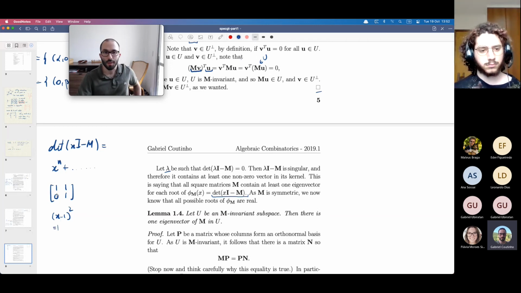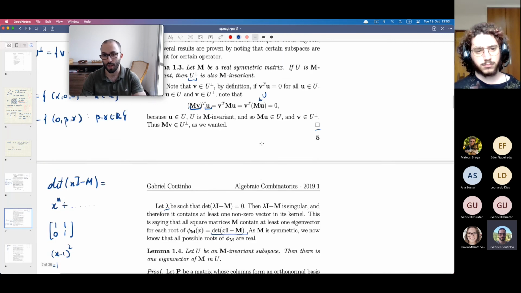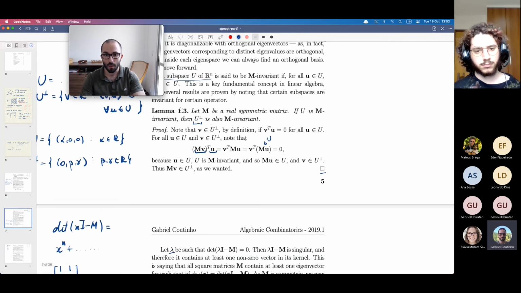Of course, this matrix is not symmetric, but this is, so there's still something to be done. I still need to show that the algebraic multiplicity of the eigenvalues matches the geometric multiplicity of the eigenvalues, and this is done by making use of this lemma 1.3.